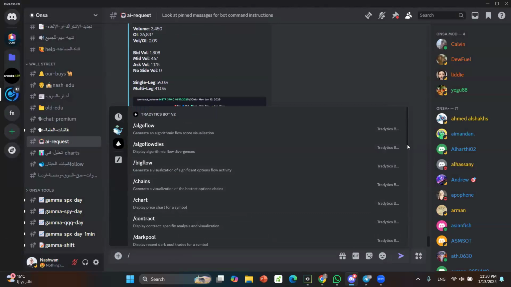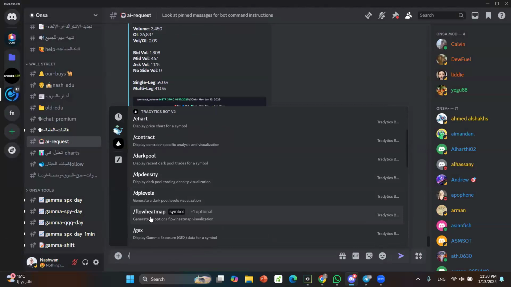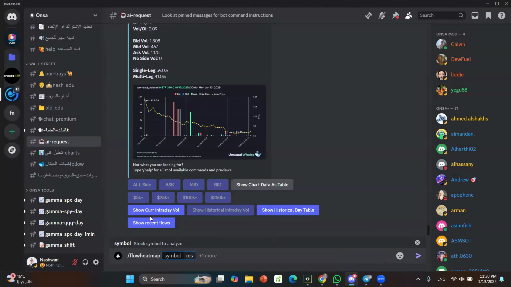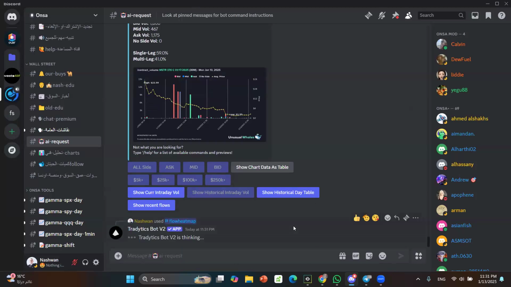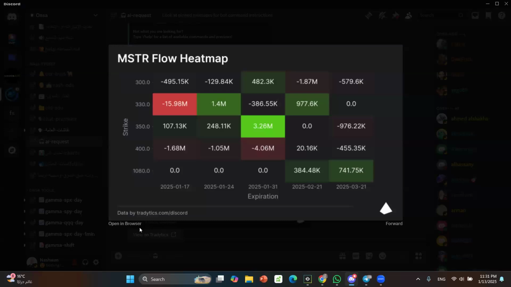They have many orders, but for example the flow heat map is very important. Master flow heat map, time frame daily. There we go.